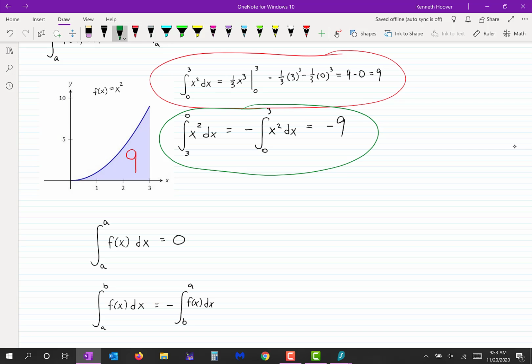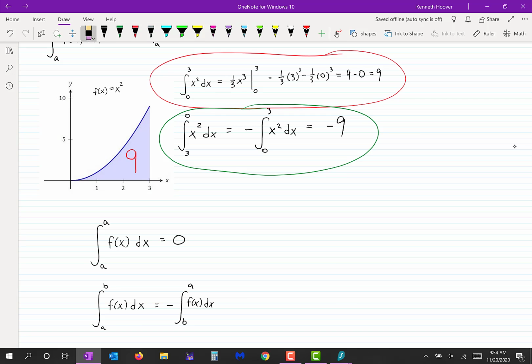It's because if you go back to the very top of the notes, the beginning of the lecture, I said that the one I circled in red is the area under x squared from 0 to 3. In other words, looking forward, you would say there's 9 square units ahead of me.